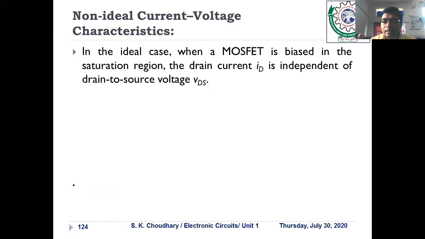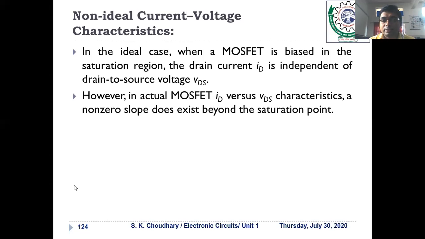We have seen the graphical relationship between the drain current and the drain to source voltage. What we observed there is that ID is independent of VDS in the saturation region, because in the saturation region the curve is flat, or parallel to the x-axis. So however much you increase VDS, ID remains constant.